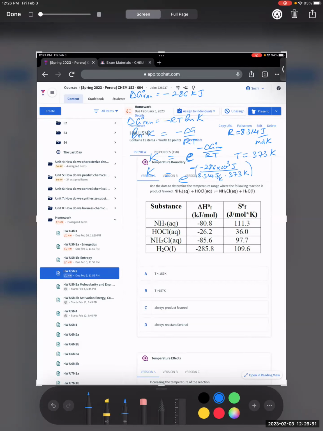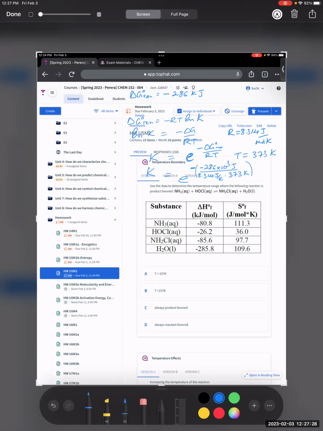Now I need to plug these numbers into a calculator. Okay, so let's do that. I have minus 286 times 1000 divided by 8.314 times 373 Kelvin.